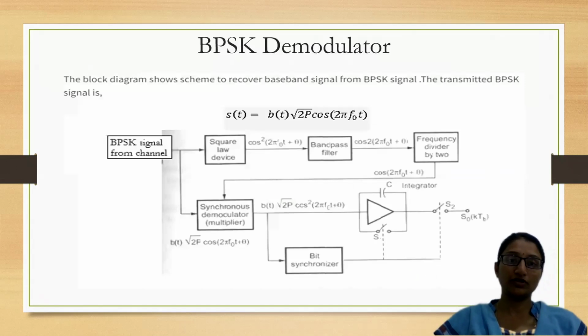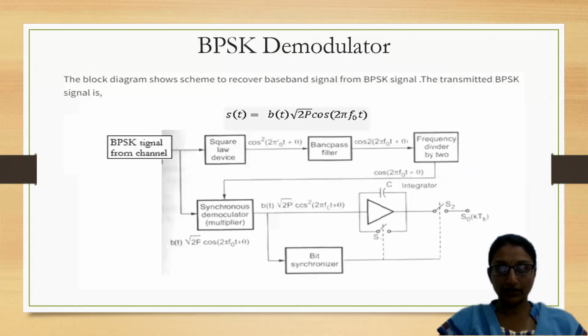Following that, we can observe the BPSK demodulator block diagram. A BPSK signal coming from a channel is applied to a square law device, then a band pass filter, and then a frequency divider for the synchronous demodulator or multiplier, and then an integrator circuit.